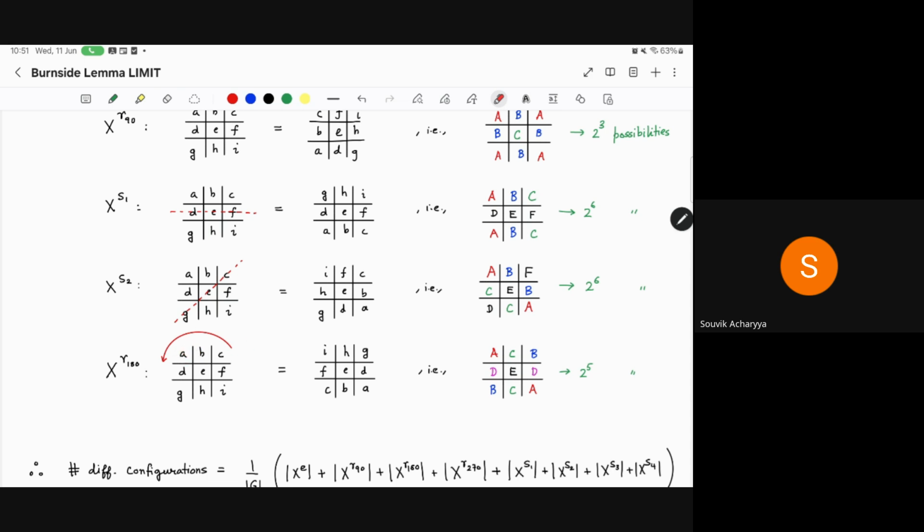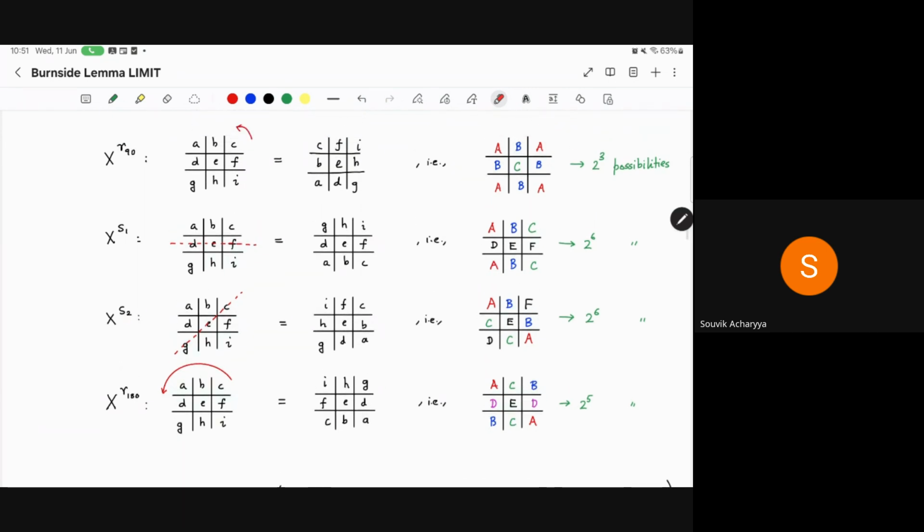Then these 2, the vertically opposite ones, or antipodal ones, the antipodal ones must be the same. So there are 4 possibilities on the outside, and the one in the center is just the one in the center. There's nothing to worry about that. So there are 2 to the power 5 possibilities.